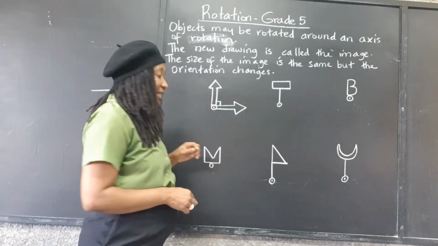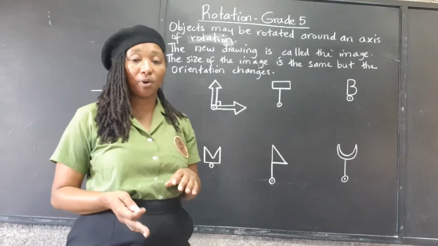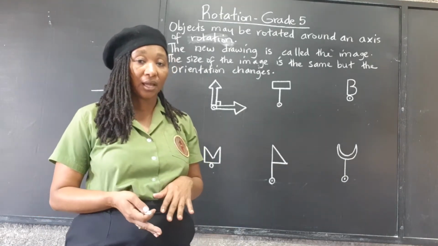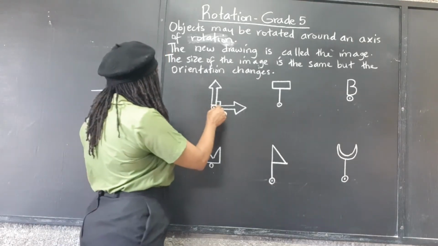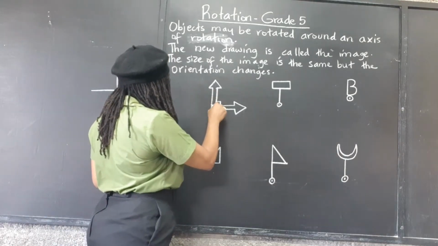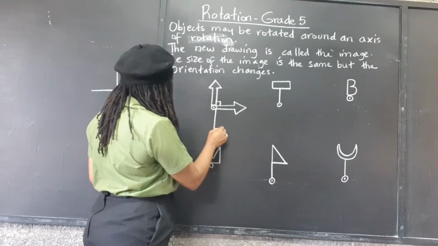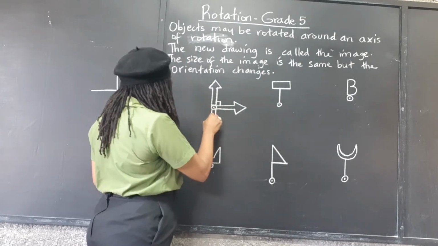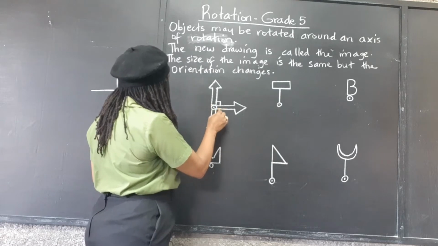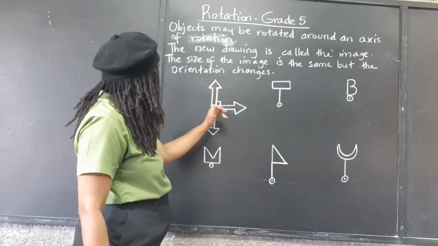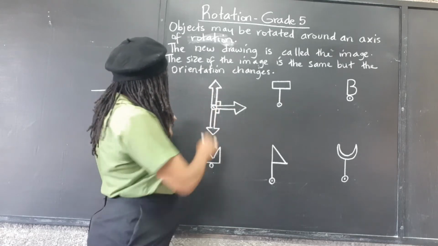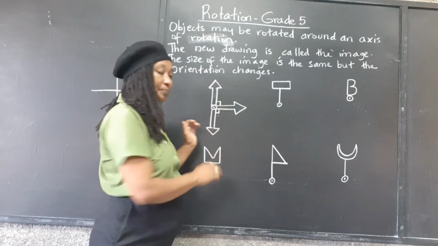If we rotate it 180 degrees, remember 180 degrees is a straight line. So that would be straight down from the origin. This is a 180 degree rotation. It's another 90 degrees: a 90 degree rotation, a full 180 degrees, then 270 degrees.